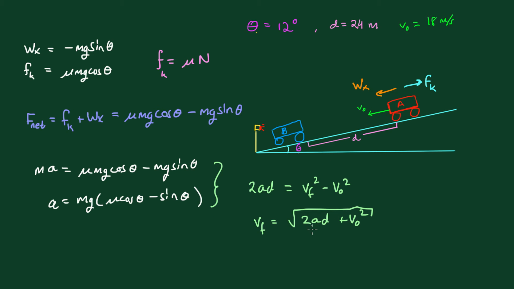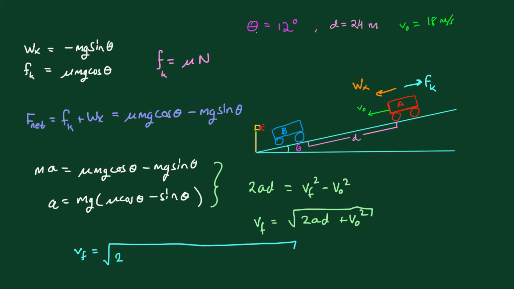Okay? And we know what A is, right? We've gotten an expression for A. So we can therefore write that V sub F is equal to the square root, this is going to be a big square root, of 2 times, let's see here, so I don't miss anything.